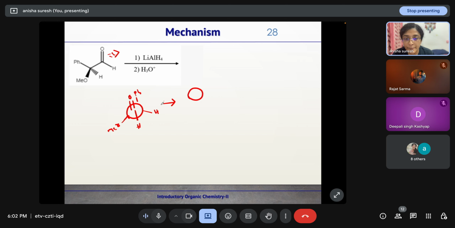So if we will draw the conformation where the methoxy is coming perpendicular to the carbonyl, it will be like this. Okay, so this is the most favored conformation where the hydride attack can take place. Okay, here the nucleophile will be H minus.